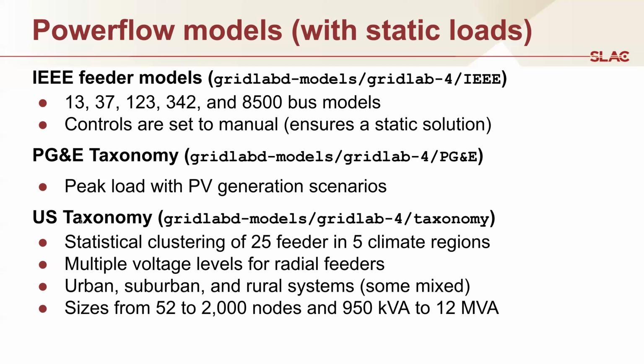And in addition, we have the US taxonomy feeder models that were developed as part of the Modern Grid Initiative, and I'll go into some details about those, about 25 feeder models that are representative of a national sampling of feeder models from North America for a variety of different feeder types and structures serving different communities, different size models, different voltage levels, different settings for the types of loads on those models.